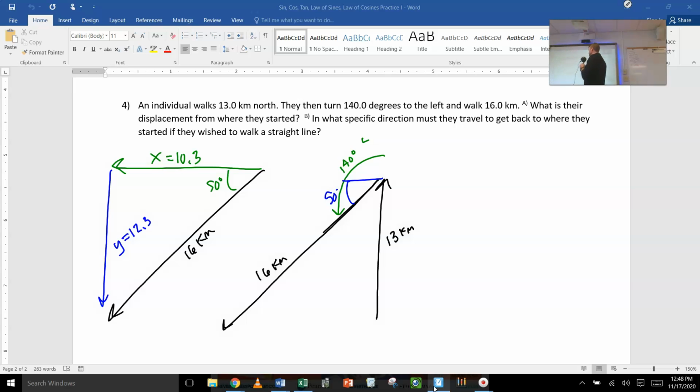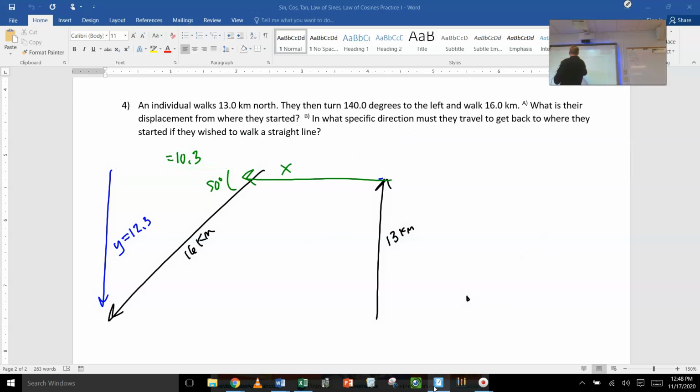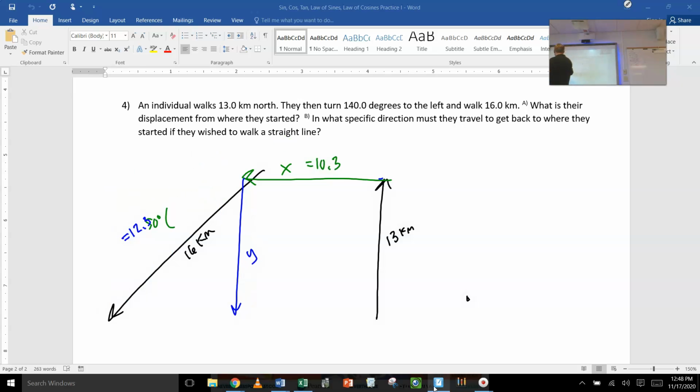We then replace, right? So we're going to get rid of all this, and we're going to replace that with this vector right here and this vector right here. Oops. I lost my y value, which I think is 12.3.